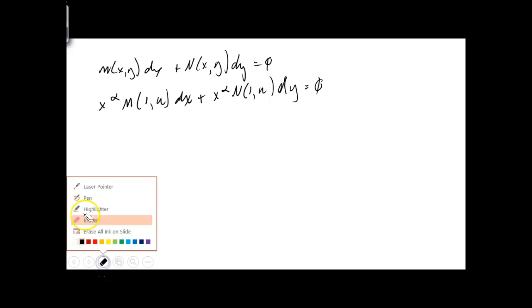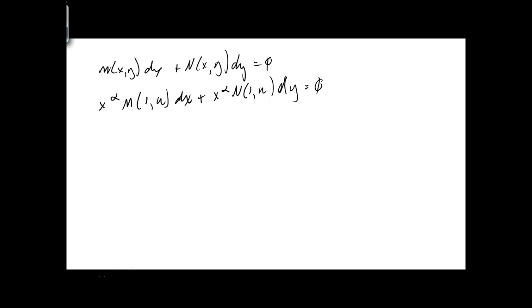Okay. Now, this doesn't seem fair at all. If you just imagine you divide out the x to the alpha, then you have m of 1u dx plus n of 1u dy is equal to 0.